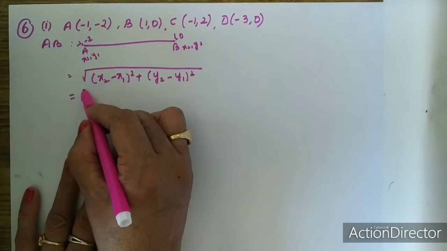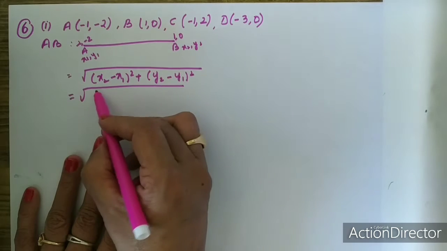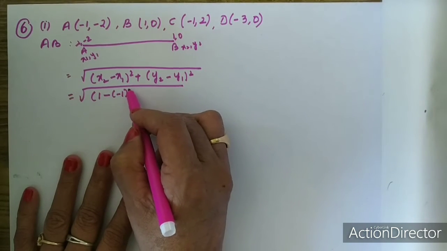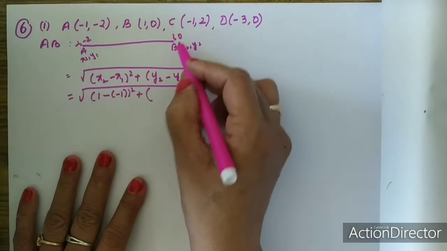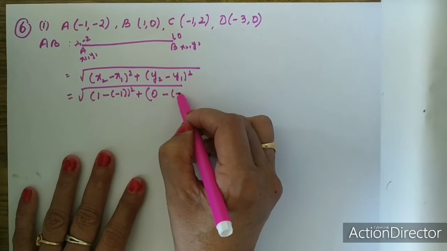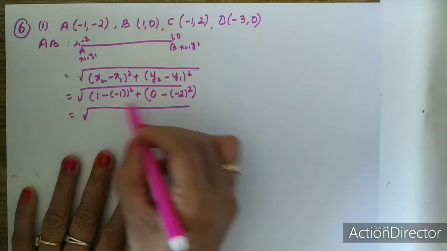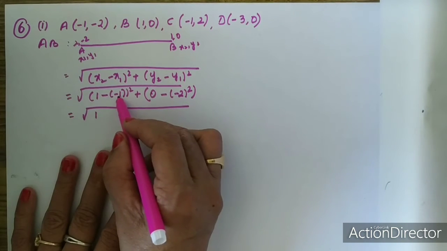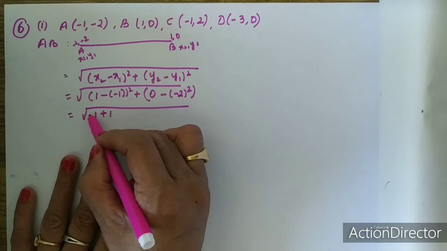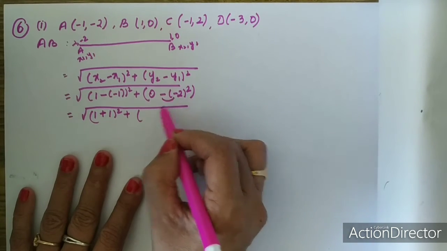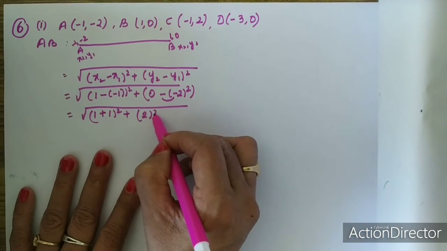By replacing the values, what is x2? x2 is 1. 1 minus of minus 1 whole square plus y2 is 0. 0 minus of minus 2 whole square. So this is equal to 1 minus 1. Minus of minus 1 is plus 1. So 1 plus 1 whole square plus 0 minus of minus is plus 2 whole square.